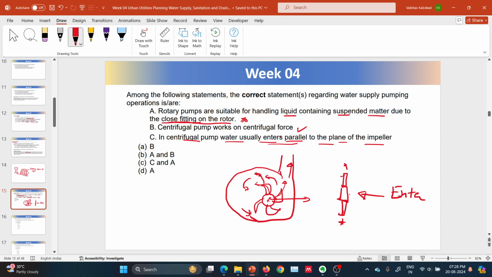So perpendicular it will enter, and it will go out. Then it will go through this delivery pipe. Like this, the centrifugal pump works.